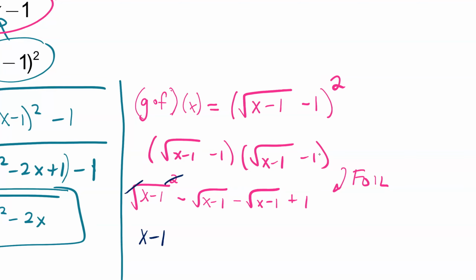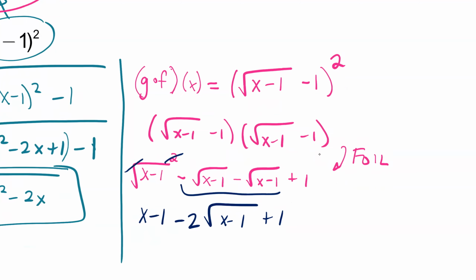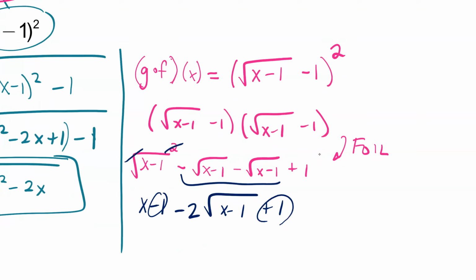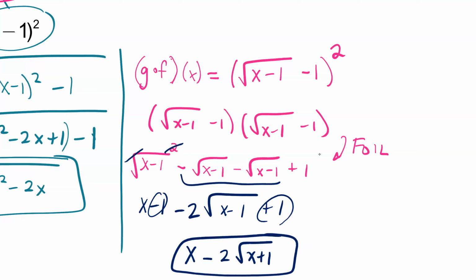I have x minus 1 minus 2 root (x minus 1) plus 1. This is being multiplied because there's 2 of these. Minus 2 times this whole thing because there's 2 of them. So minus 1 plus 1 go away. I have x minus 2 root x plus 1. Oh, is there a minus? There's a minus under the radical. I'm sorry, it's x minus 1.